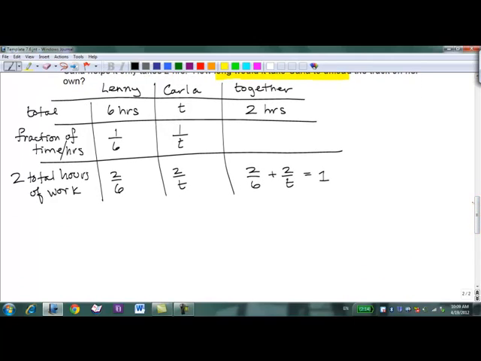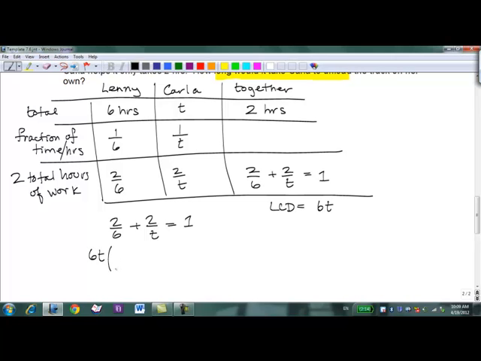So let's take a look at this. We have the lowest common denominator, 2/6 plus 2/t equals 1. Our LCD here is 6t. Certainly the 2/6 you could reduce, but let's just leave it as that. So 6t times both of those, and it equals 6t times 1.